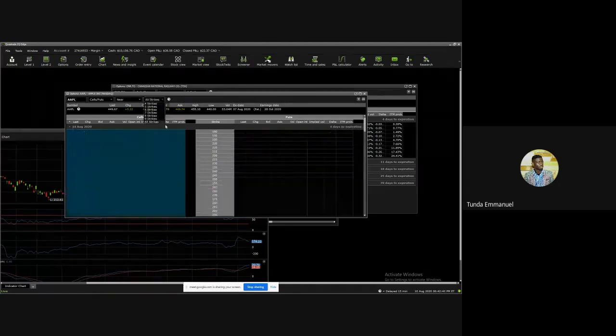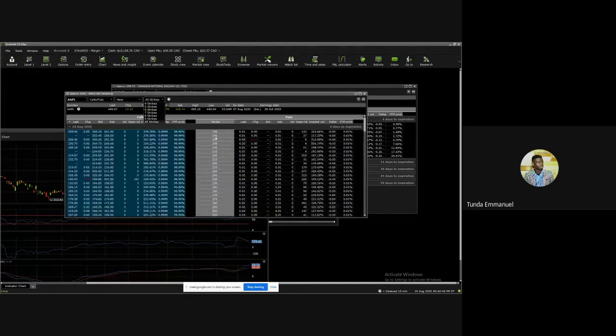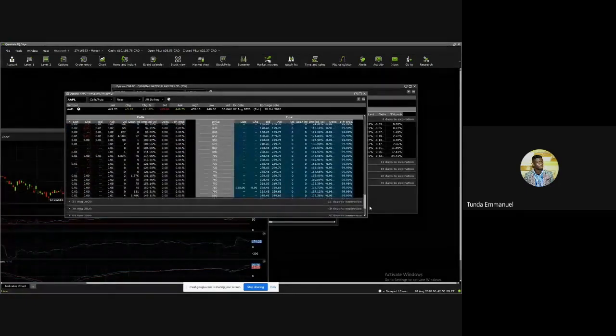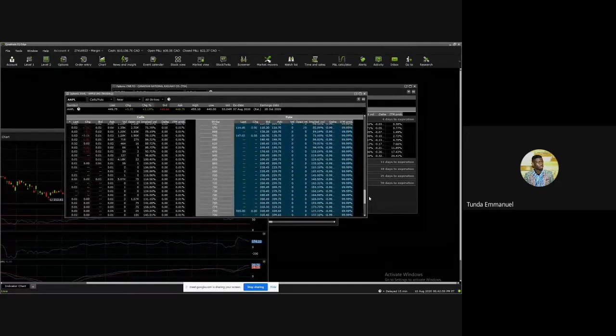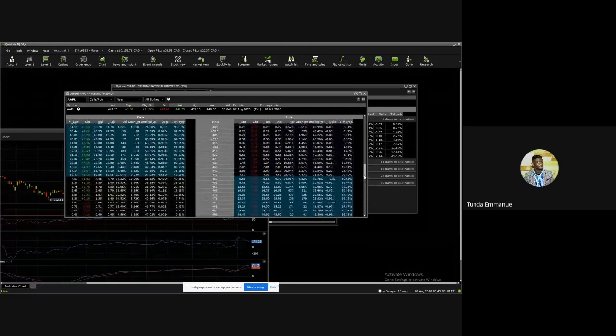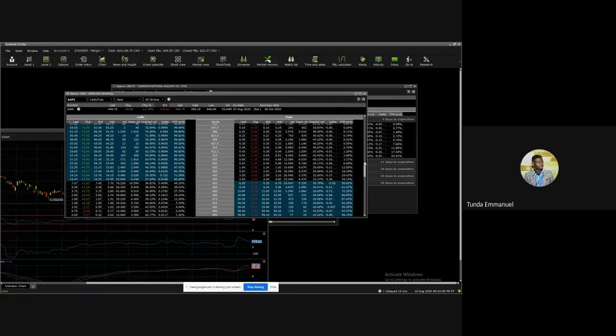You can go to 190, 195, 200, and so on, all the way to 800. So you just choose based on the prices that are given by the company. You can choose the price at which you want to exercise your option contract.